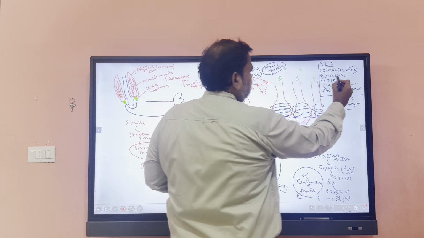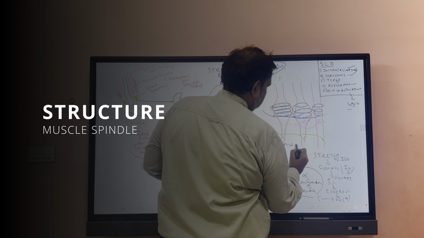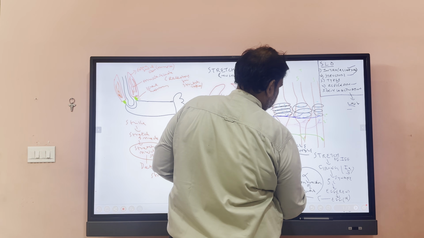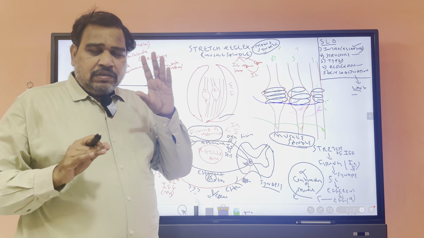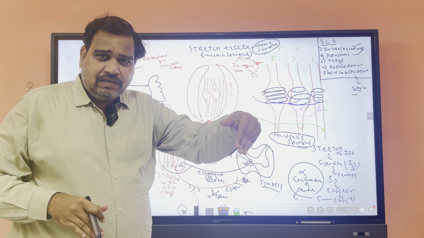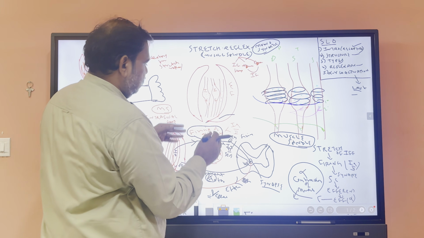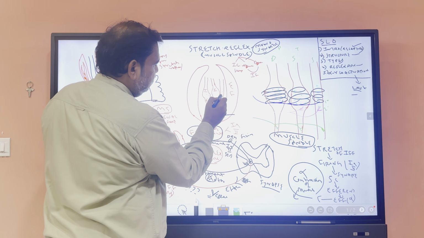Now I am going to discuss the structure of the muscle spindle. So the muscle spindle includes the intrafusal fiber and the afferent to the intrafusal fiber. For example, see here. This is intrafusal fiber, this is intrafusal fiber, this is intrafusal fiber.